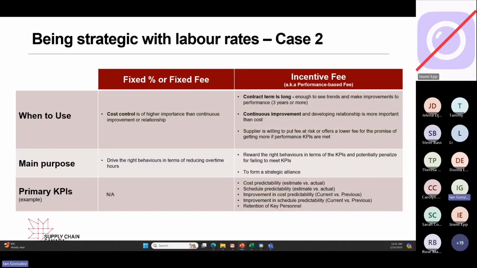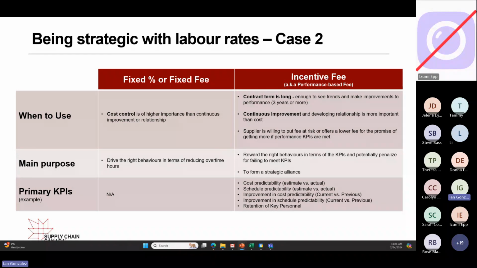Essentially, in incentive fee, as in this third bullet point, the supplier is willing to put their fee at risk for the promise of getting more if certain KPIs are met. That's the spirit of this commercial agreement. The main purpose is to drive the right behaviors in terms of the KPIs. Instead of just reducing overtime, it's now, can you meet our KPIs?